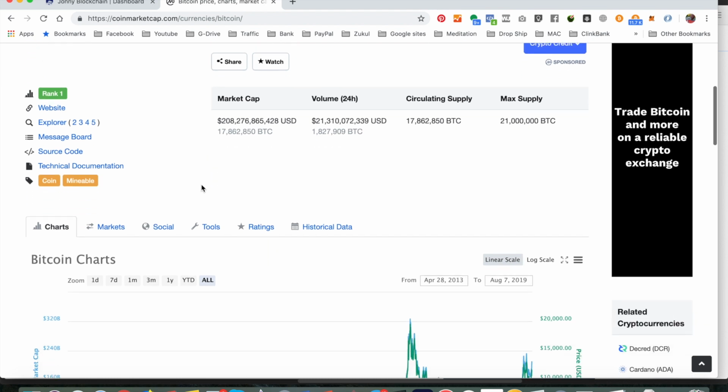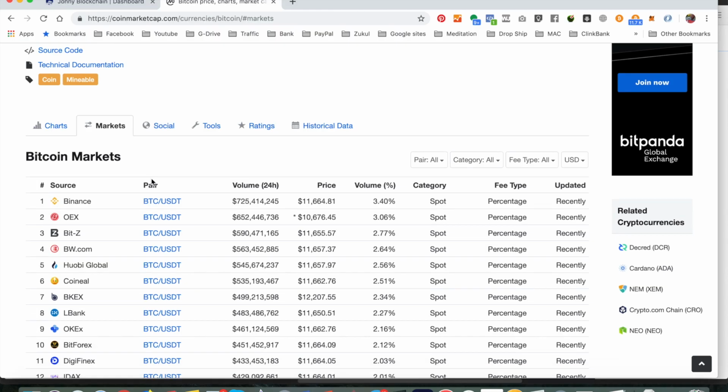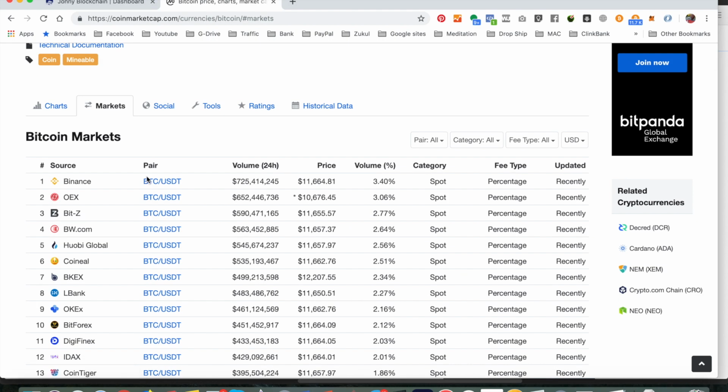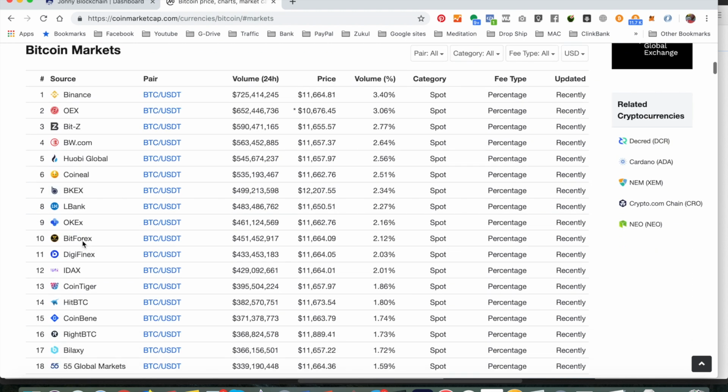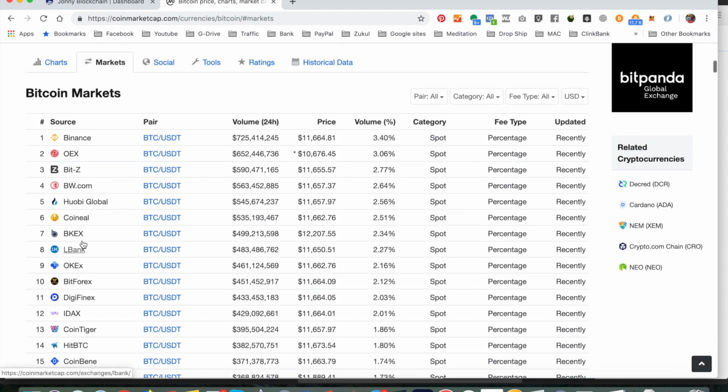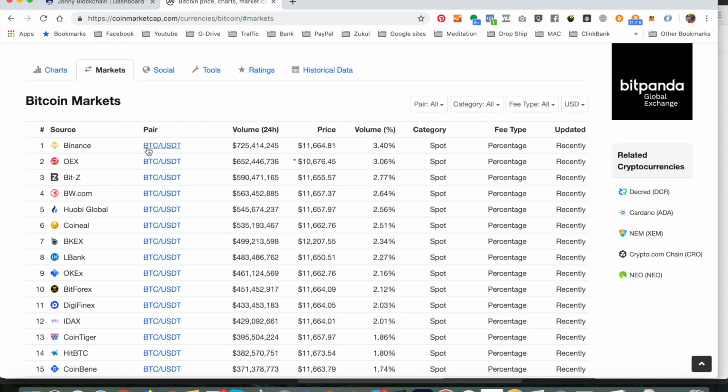If we come down below and we click on markets, that will load all the markets that you can trade Bitcoin in. Down the left hand side is the source, which means the exchange, and there's a whole list of exchanges down there. The next thing is the trading pair. So you're going to trade Bitcoin with another cryptocurrency or a fiat currency.